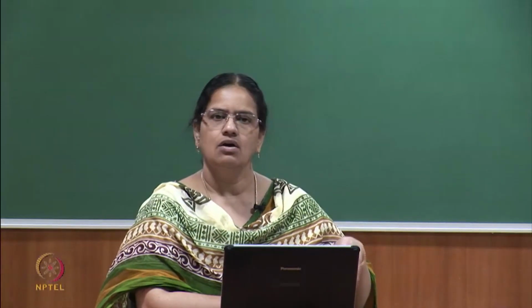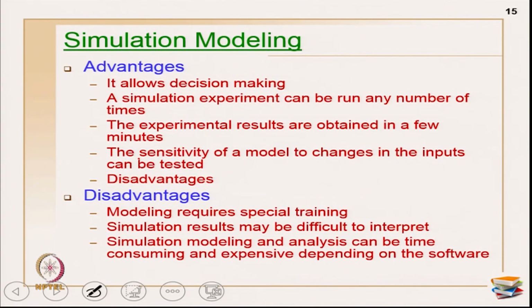Or, what is the sensitivity if I calculate my duration as 10 days compared to 11 days or 7 days? All these you can test when you are running the model. Sorry, for the two disadvantages here, it is a mistake.